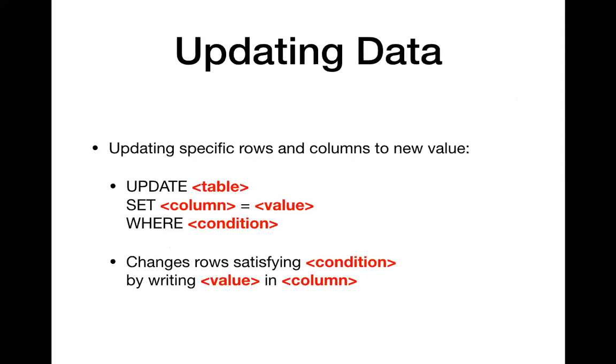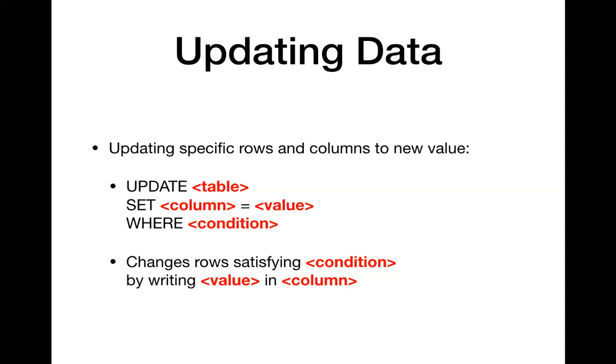Beyond inserting and deleting data, you can also update it. You can update the values in specific columns of specific rows using the command that you see here. We are updating a table, setting specific columns to specific values for all the rows where this condition is satisfied.